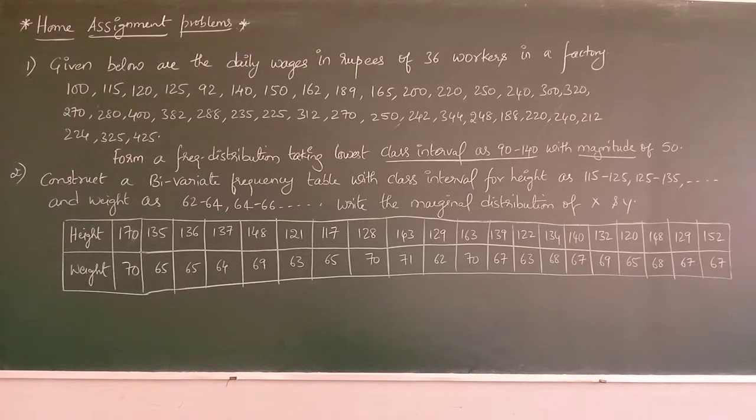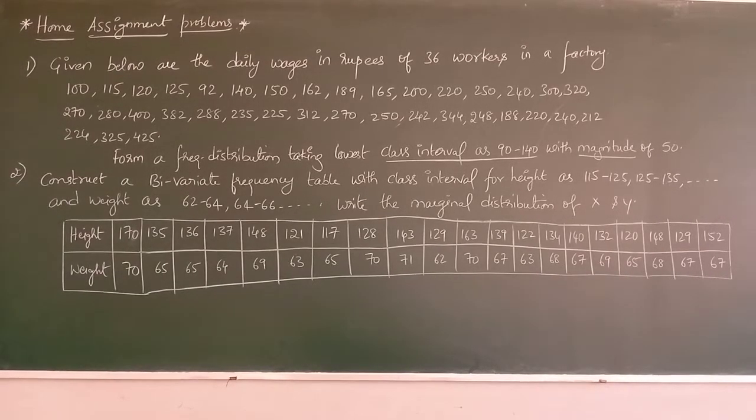Now look at the second one. Construct a bivariate frequency table with class intervals for height as, here also the same thing. Already the class intervals are given: 115 to 125, 125 to 135. This is how the class interval has to be taken, but they did not mention how many classes are to be framed. The number of classes k is not given.